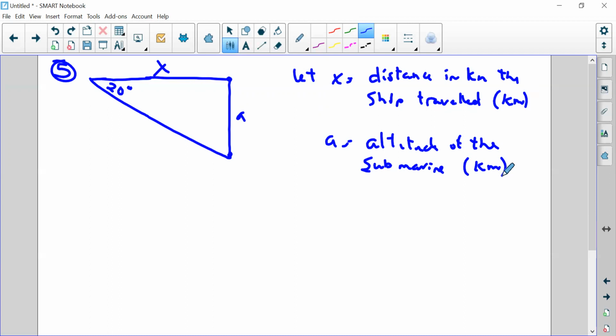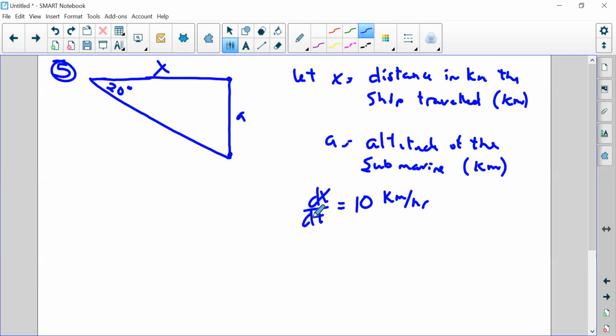So what rate of change was given to us? 10 kilometers. The surface ship is moving at a straight line at 10 kilometers per hour. So what would be our notation for this 10 kilometers per hour? dx/dt. All right, so we know dx/dt.